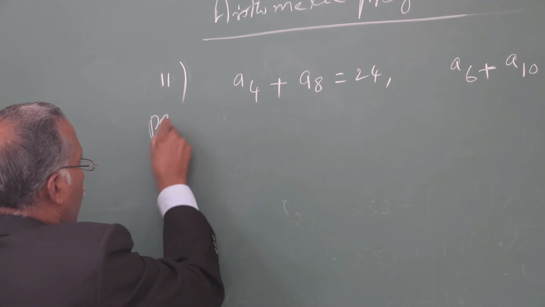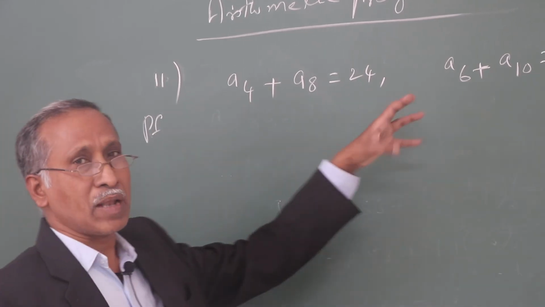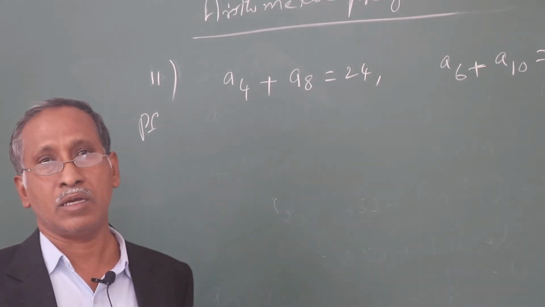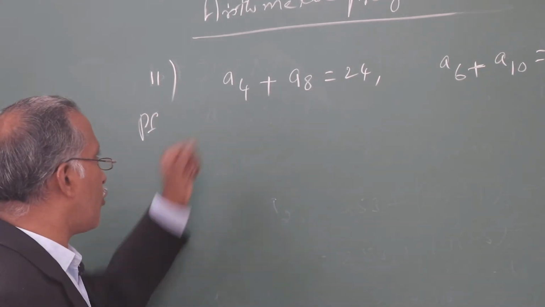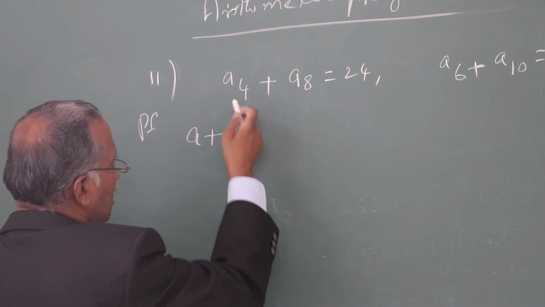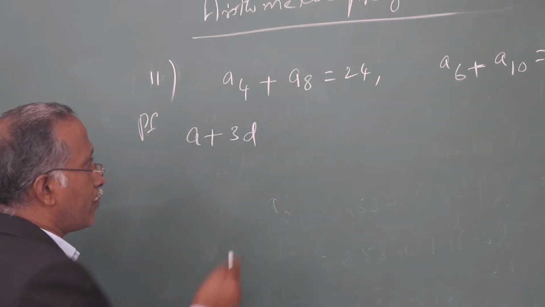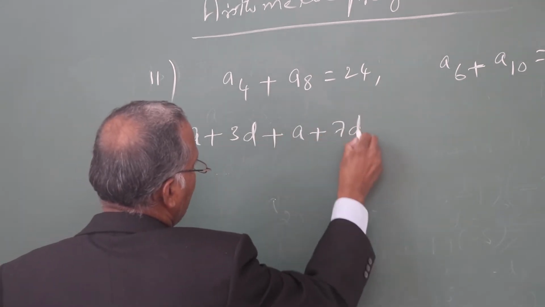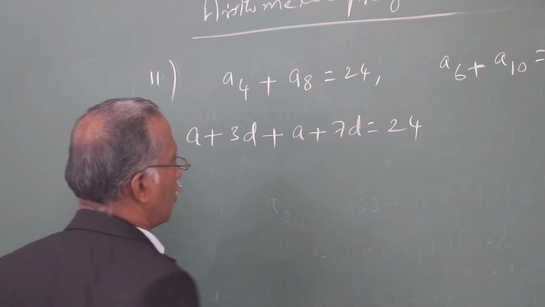Look at this now. You know that the nth term of an AP is an equal to a plus (n minus 1) into d. Therefore, a4 can be written as a plus 3d because 4 minus 1 is 3. a8 is equal to a plus 7d, and the sum is equal to 24.